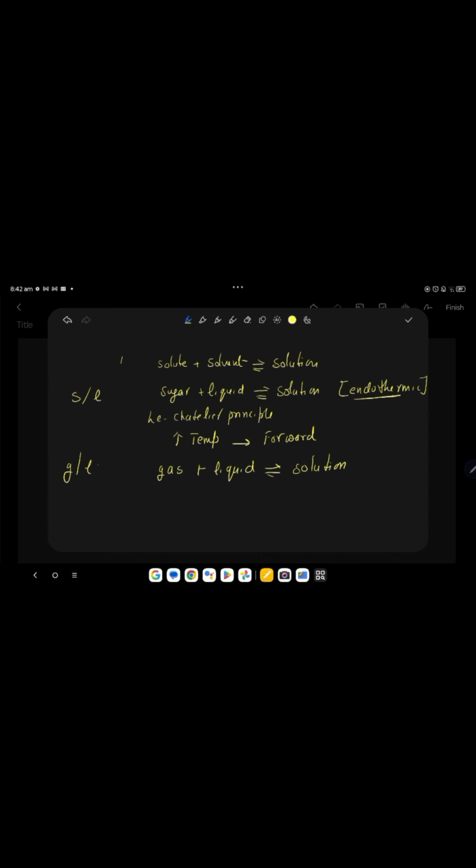So as you can see here, carbon dioxide and water, it is a solution, but it is an exothermic process. So what is happening, as it is an exothermic process, a cold Pepsi or cold drink feels better. Why?